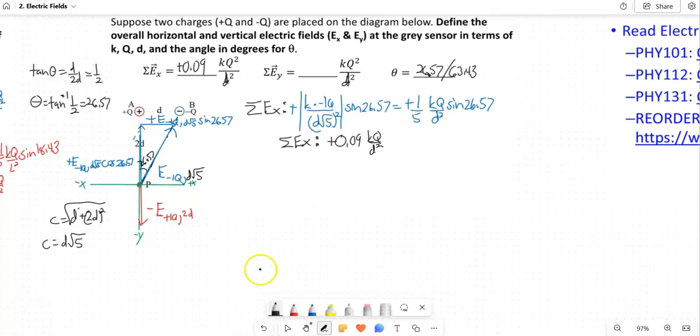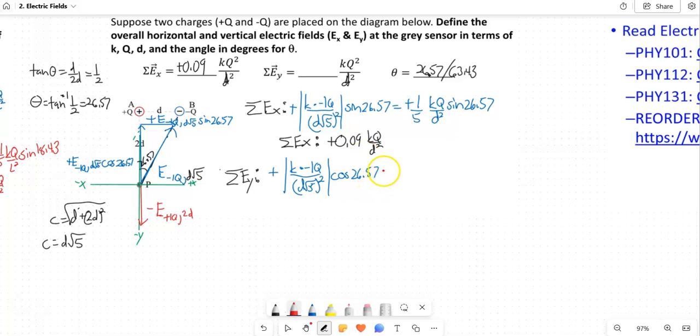Now let's do the electric field in the y direction. Which we are going to have everything the same as this top one. So negative 1q d square root of 5, but it'll be the cosine of 26.57 because it's touching that actual angle. It's pointing upwards.